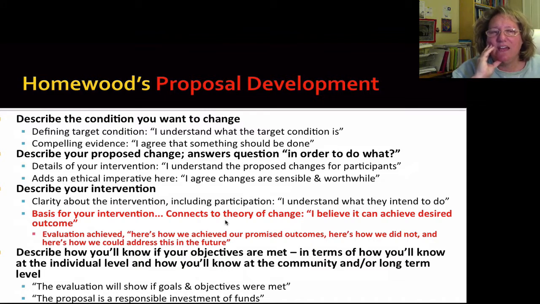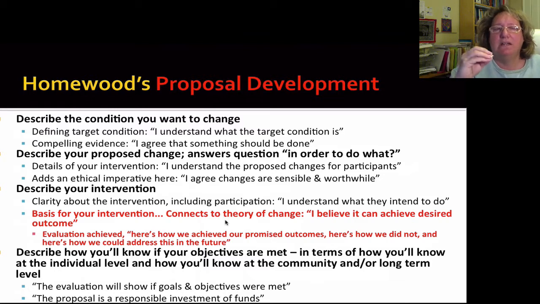And they have a 4-part proposal development process that begins with defining the condition you want to change. So a reviewer would look at your proposal and say, I understand what the target condition is, and I agree that something should be done.